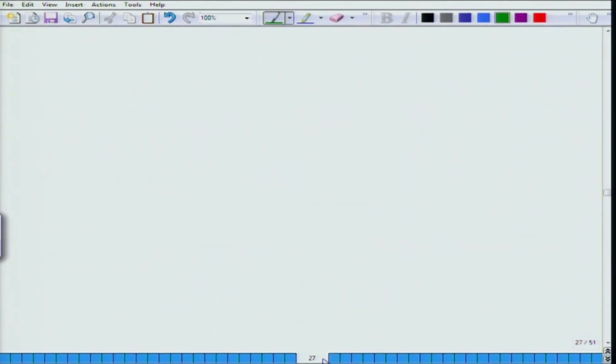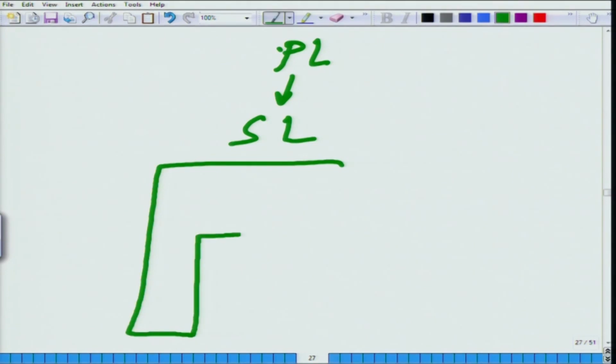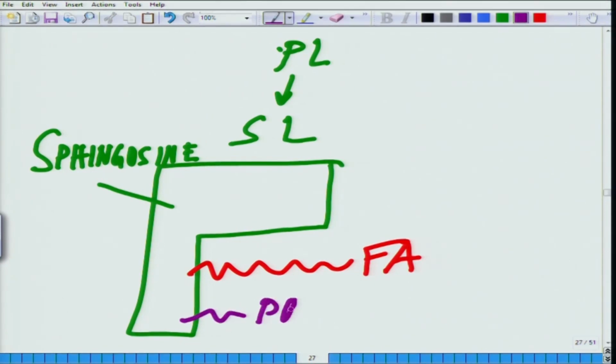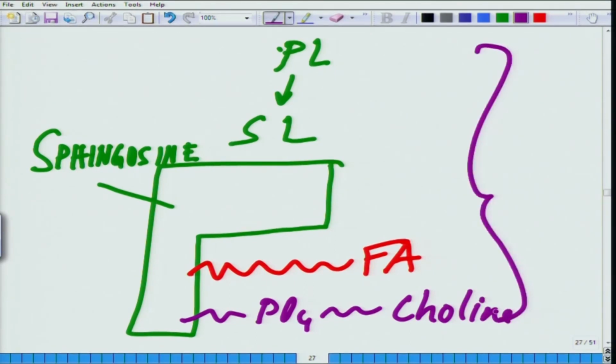Now, if you go back to the structure of sphingolipids under phospholipids, within the sphingolipids you have this sphingosine moiety, here is the sphingosine moiety, here you have the fatty acid moiety, and then here you have the PO4 moiety, and attached to this a choline moiety. So, this is the generic structure of sphingolipids, and there are many other modifications into it.